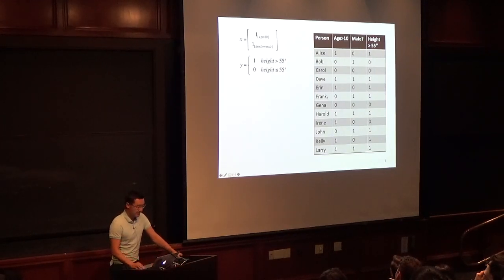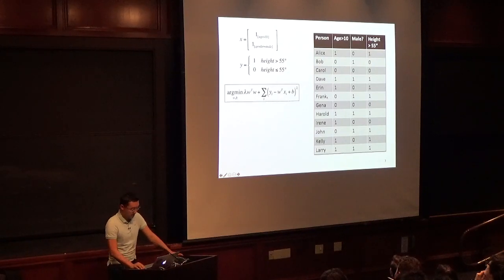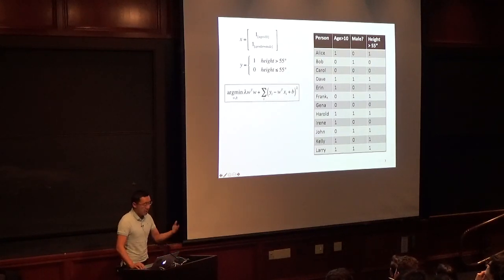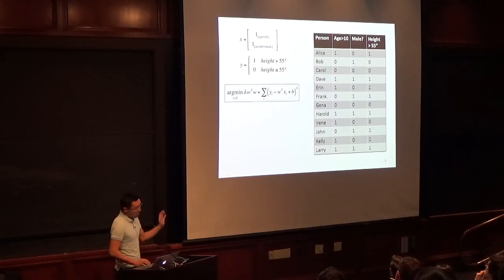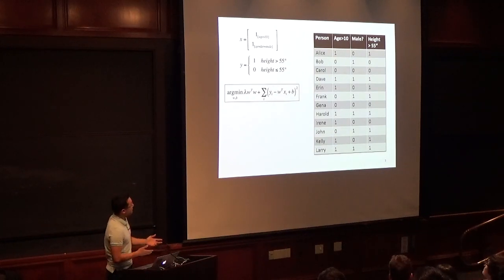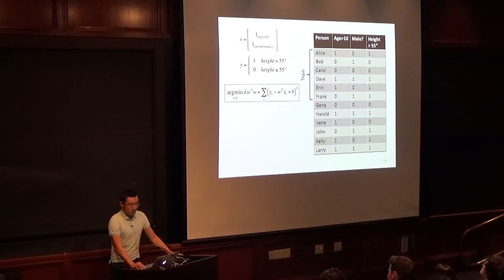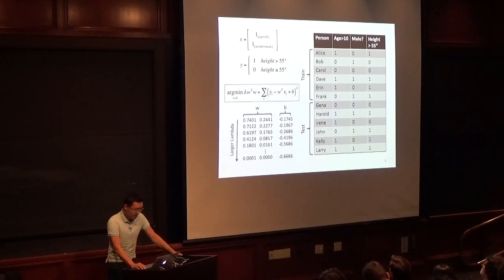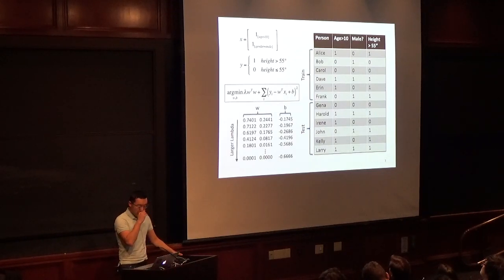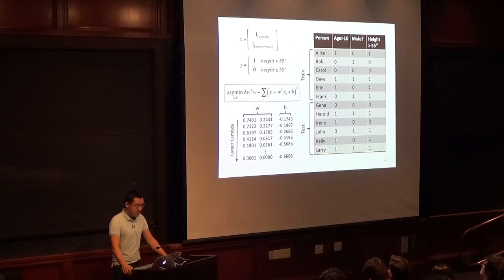And then we have a training set. And we're going to solve this. In this very simple example, we're going to treat this y as a real valued label. So even though it's binary, we're just going to treat it like it's real value to minimize squared loss. And so, let's say the top half is training and the bottom half is testing. What I'm showing you is what the W and B look like as lambda increases.